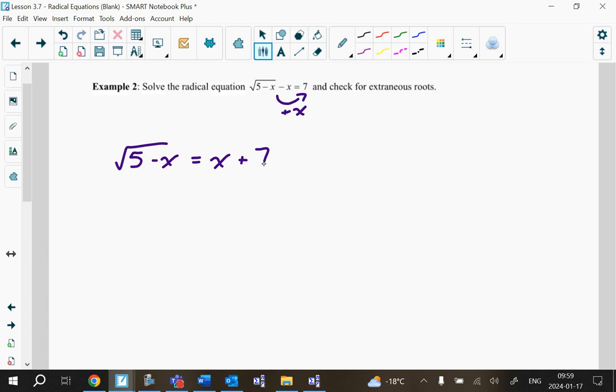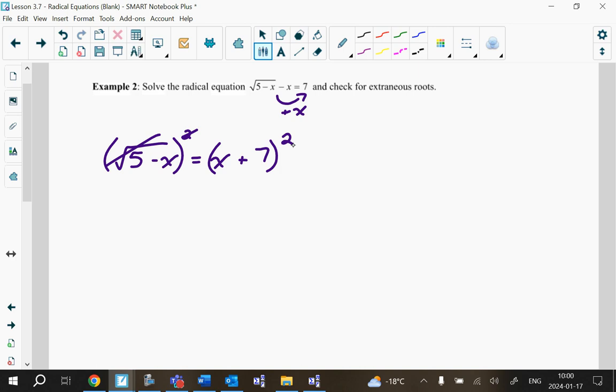Square both sides. Now, you have to square the entire right-hand side. What is x plus 7 all squared? And I'll give you a hint. It's not x squared plus 49. You don't square each term.